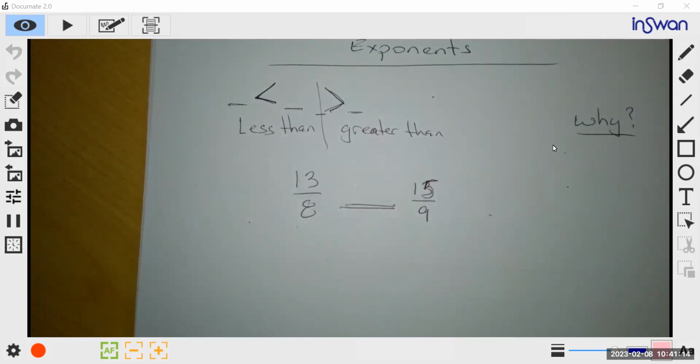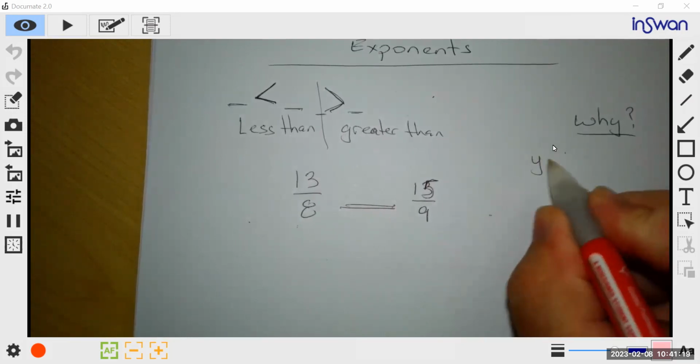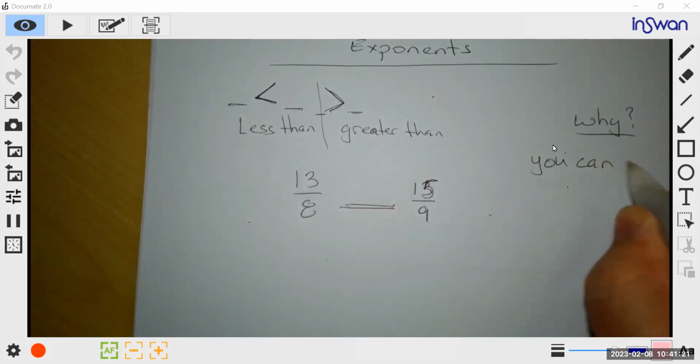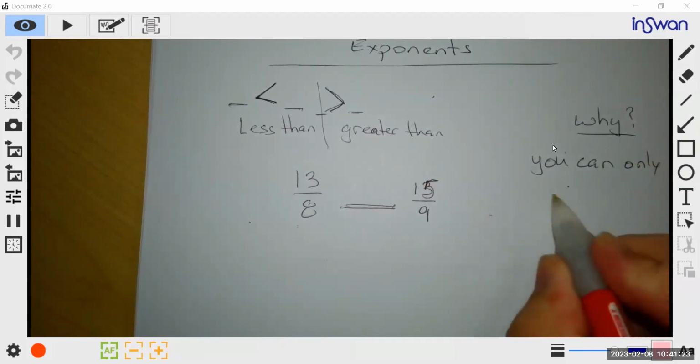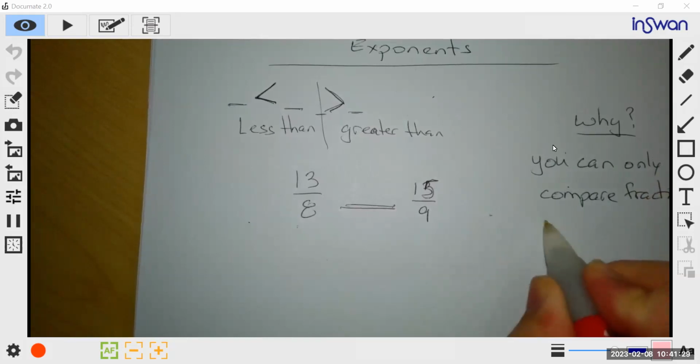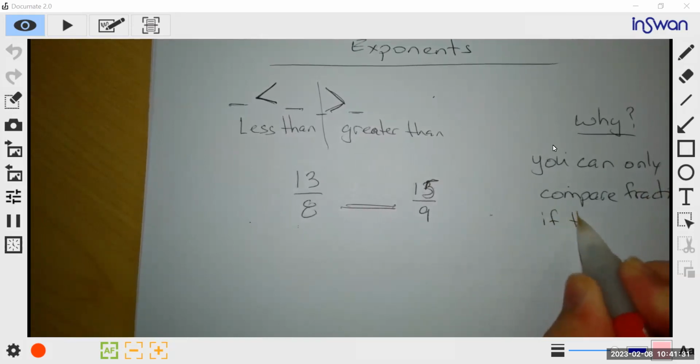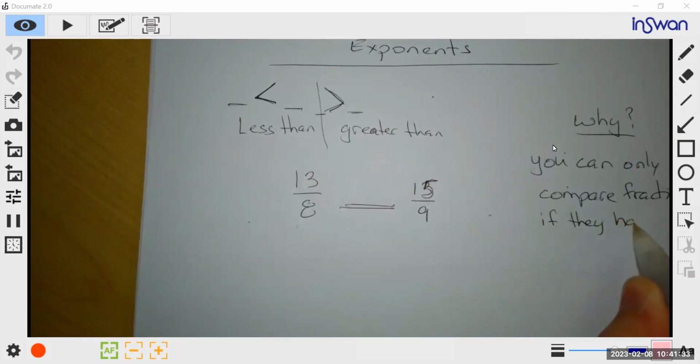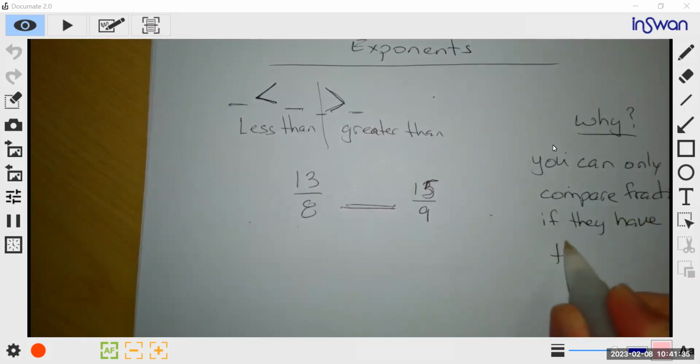The only way you can compare fractions is how? You can only compare fractions if they have the same denominator.